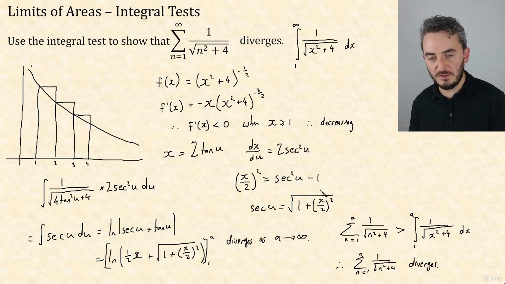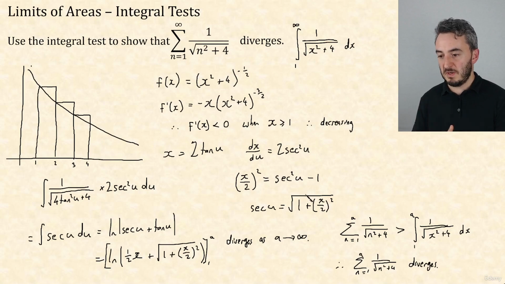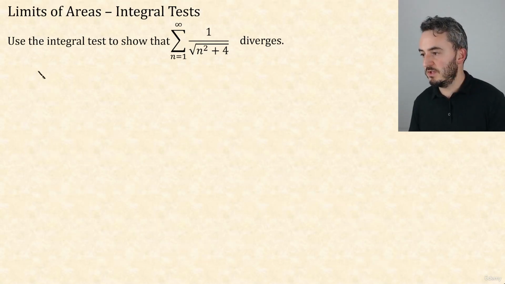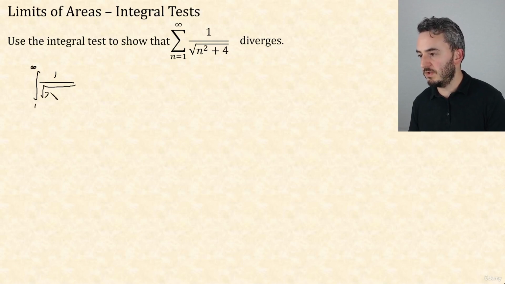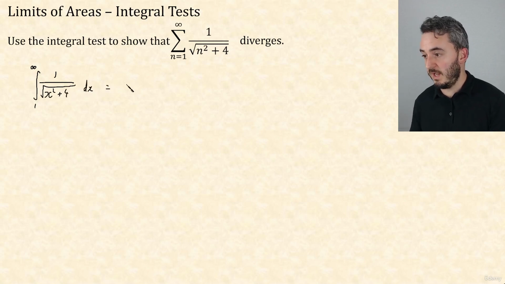Let's also just do that integral now using hyperbolics because it's way, way easier. So we were trying to evaluate this integral of 1 over root x squared plus 4. And for those of you who know hyperbolic functions, you'll know that without really any work, just a direct result, the answer to that is sinh inverse of x over 2.